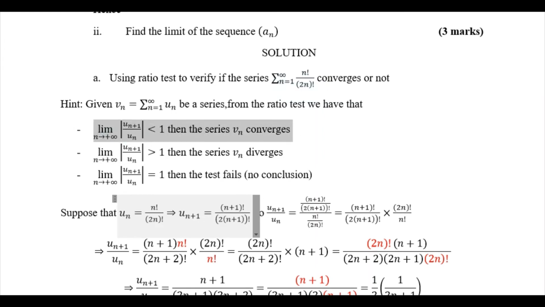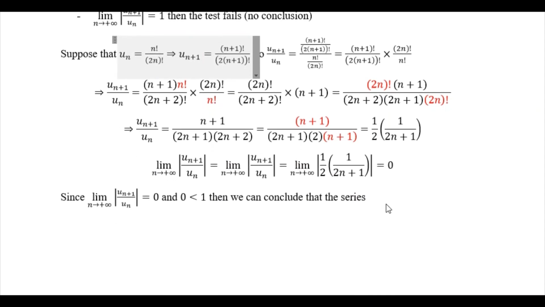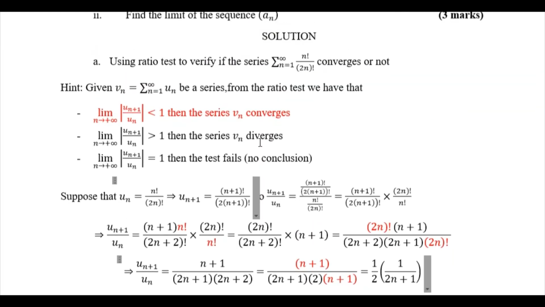According to this first condition, it converges since that limit is less than 1. This series converges by the ratio test. All right, so we are done with the first part of the problem.